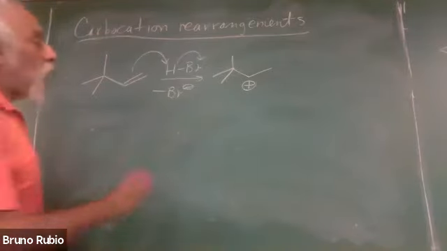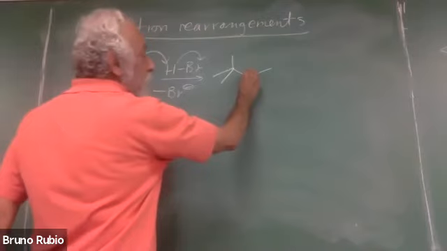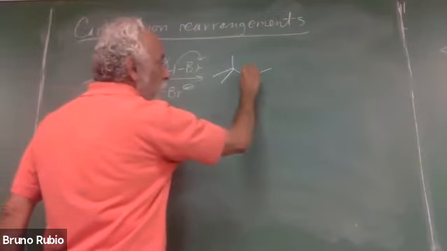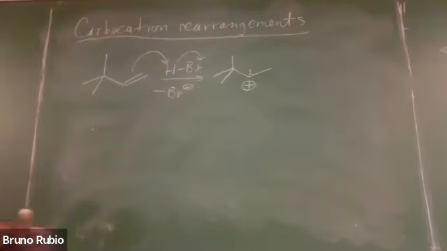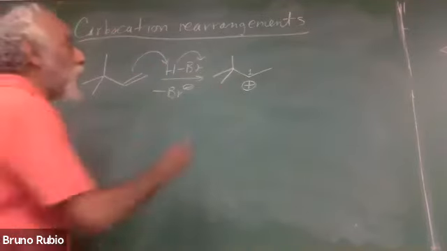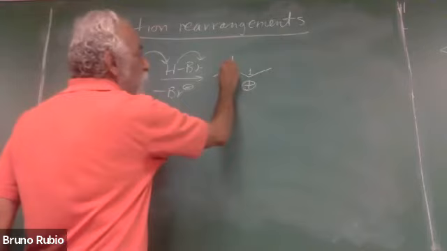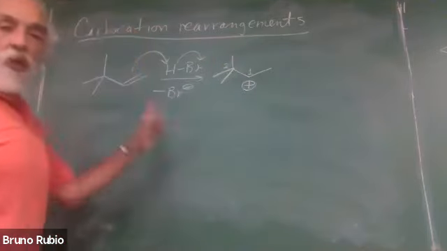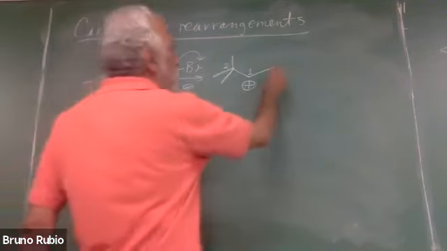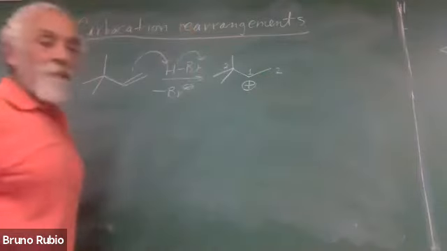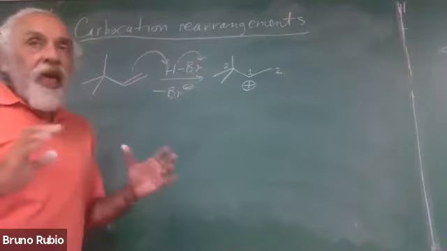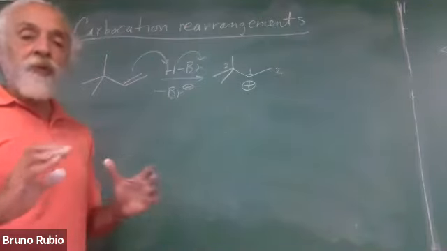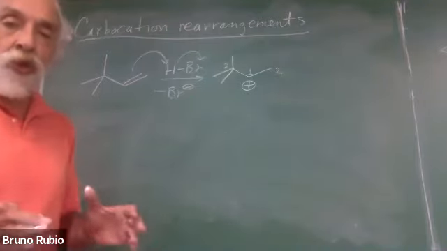We call the carbocationic carbon, carbon 1. We call the neighboring carbon, carbon 2. This guy has 2 carbon 2s, one on the left and one on the right. Something bonded to carbon 2, and that something is always going to be either a hydrogen atom or an alkyl group.